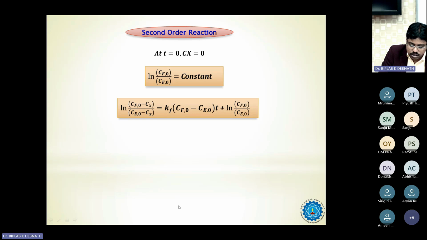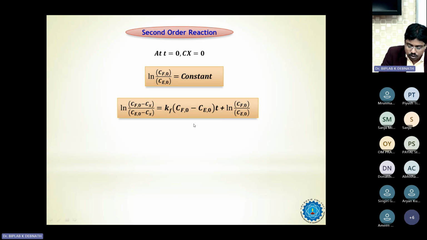Now when we put this in this equation, we get ln of (Cf naught minus Cx) divided by (Ce naught minus Cx) equal to Kf into (Cf naught minus Ce naught) into t plus ln of Cf naught by Ce naught.